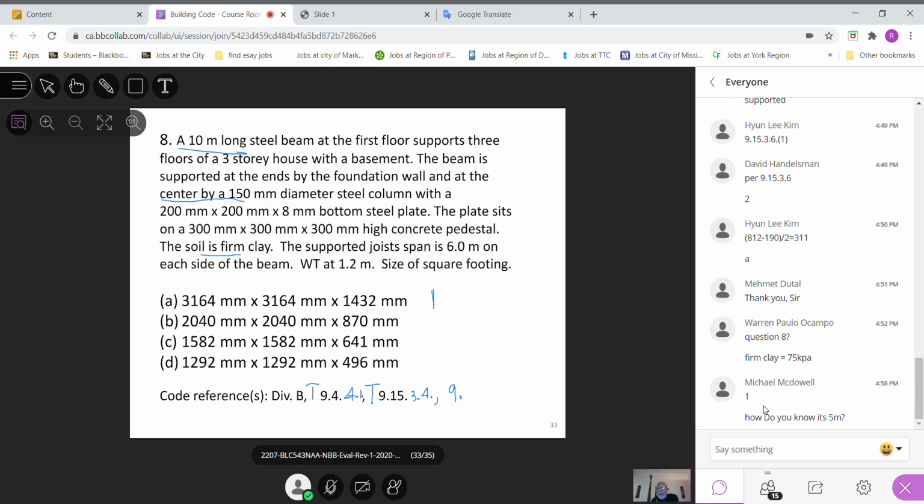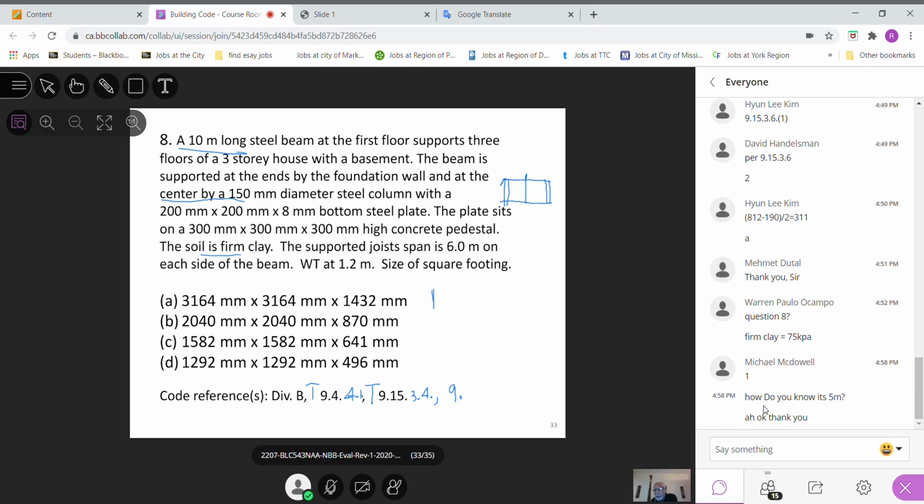So my wall is 10 meters long. The column is in the middle. I have 5 meters on one side and 5 meters on the other side of that wall. That tells me my columns are 5 meters apart. Right? Draw the picture, Michael.